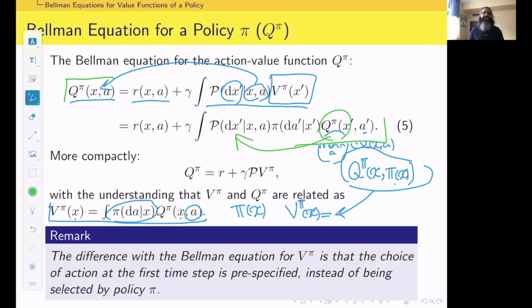So this is in fact a linear system of equations. And I think in one or two lectures, we will see that that's one way to solve these equations: just think of it as a linear system of equations and solve using a linear solver.